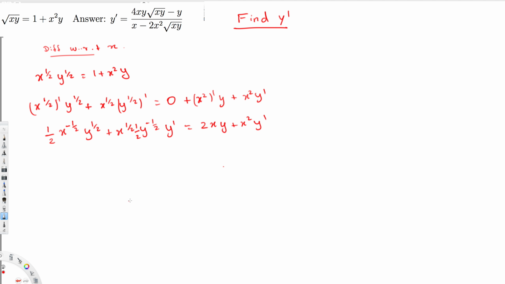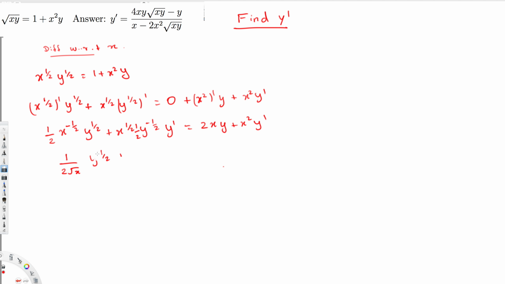Now instead of writing power half, I can bring it back to the square root form. So it's going to become 1 over 2 square root of x times y to the power half.